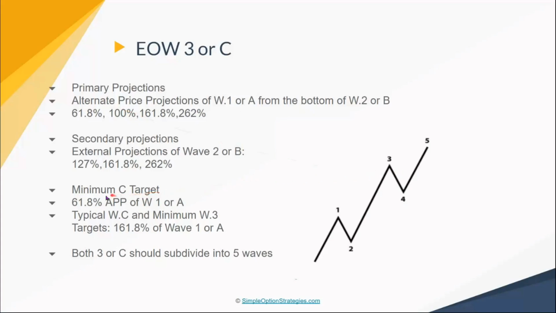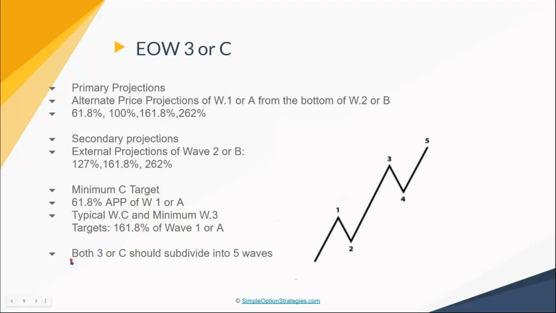Okay, the minimum C target is the 61.8 alternate price projection of 1 versus 2 right here. Typical wave C and minimum 3 are 161.8% of wave 1 or A. So that's the same deal, but the minimum.